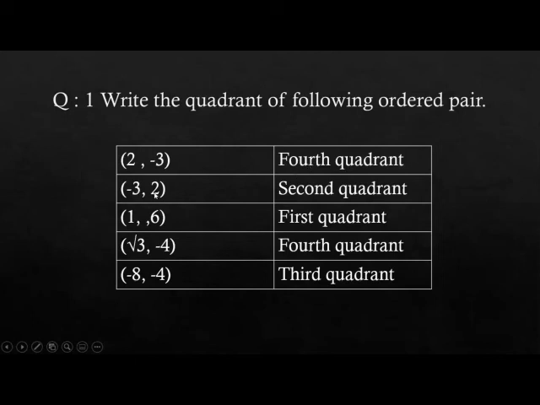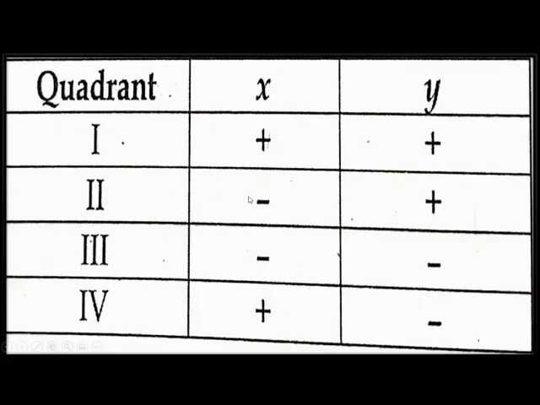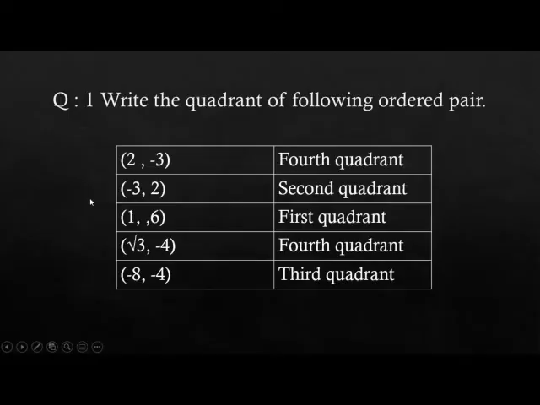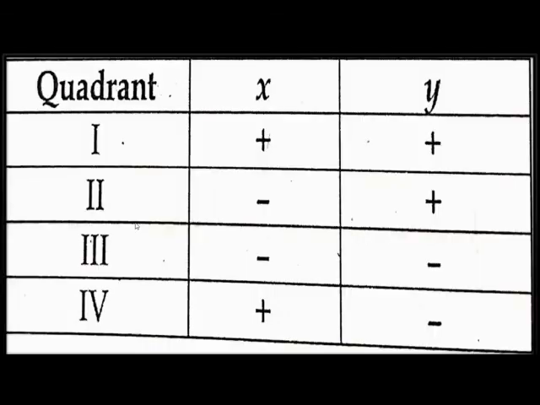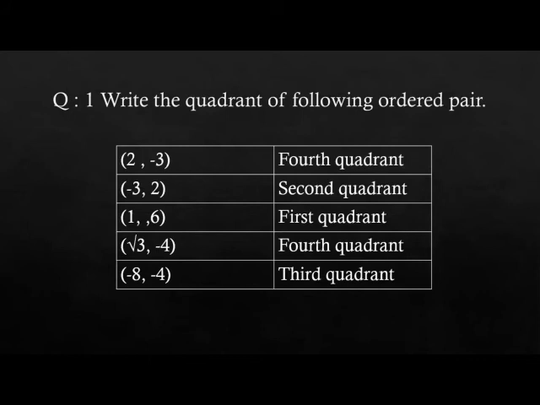If x is negative and y is positive, they belong to the second quadrant. If both are positive, they belong to the first quadrant. If x is positive and y is negative, they belong to the fourth quadrant. And if both are negative, they belong to the third quadrant.